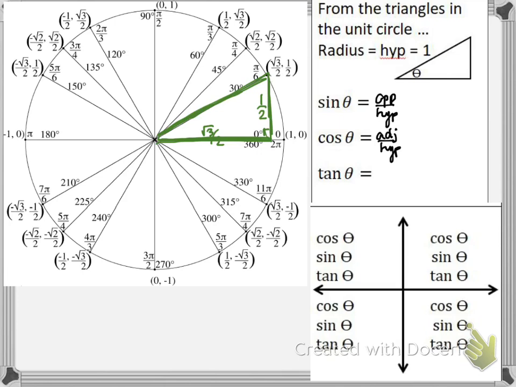And the tangent is going to be the opposite over the adjacent. Let's see how that relates to this circle. If I'm looking at a 30-degree angle here, and I wanted to find the sine of that angle, I would say, what's opposite from that? 1/2. And since 1/2 is up and down, it's the y value.